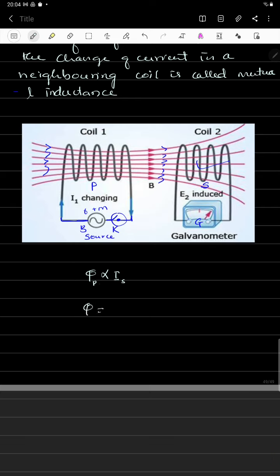For mutual inductance, the constant we write is M. So phi is equal to M into I. Here M is the coefficient of mutual induction. You may call it coefficient of induction, or otherwise mutual inductance.